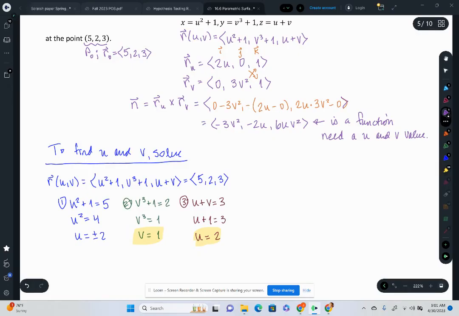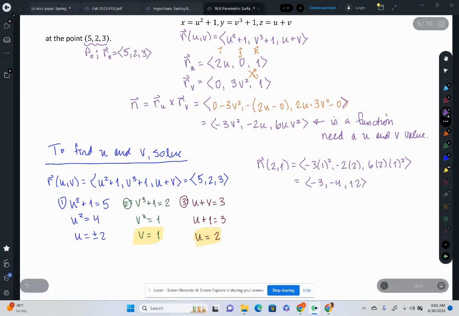That tells me that my normal vector, I'm calculating it at 2, 1. It's going to be negative 3 times 1 squared, negative 2 times 2, and 6 times 2 times 1 squared, which simplifies to give me a vector with components negative 3, negative 4, and 12.